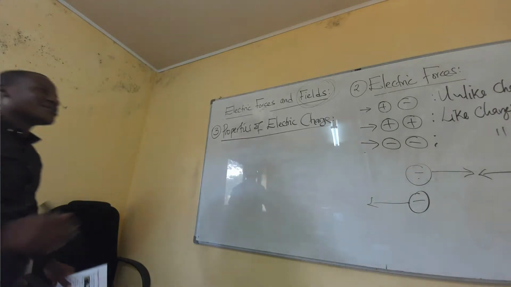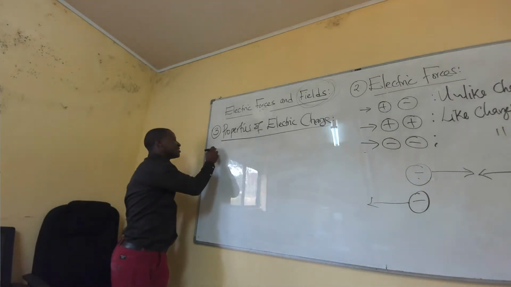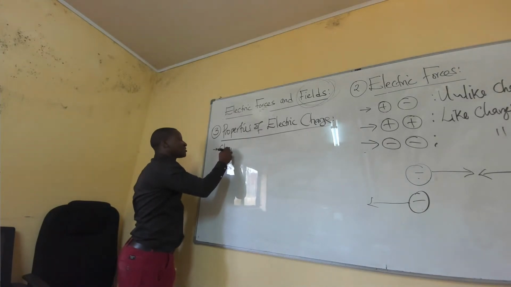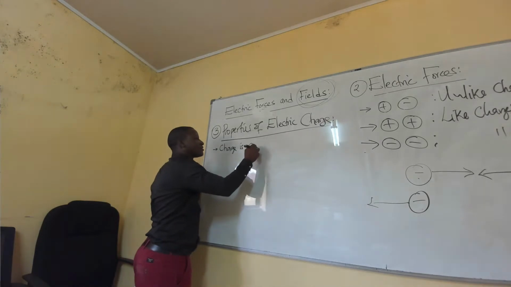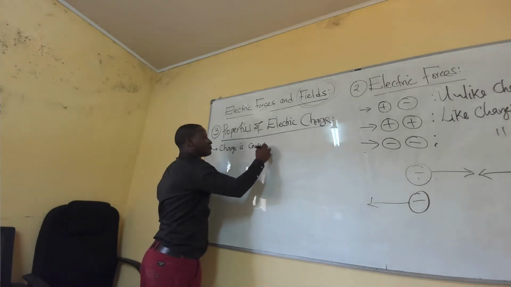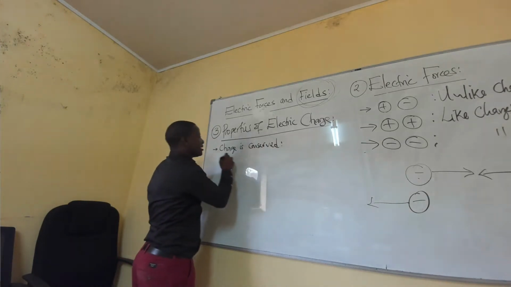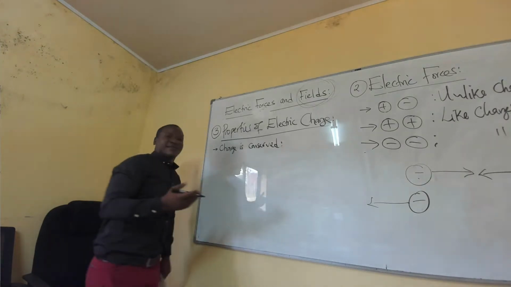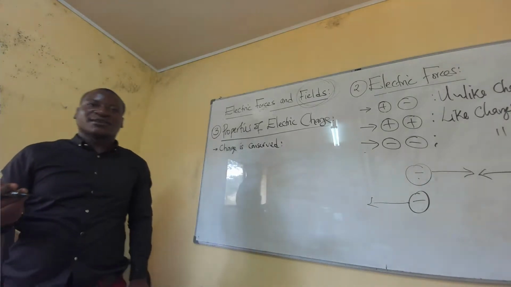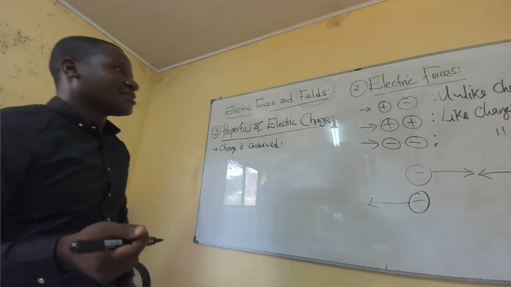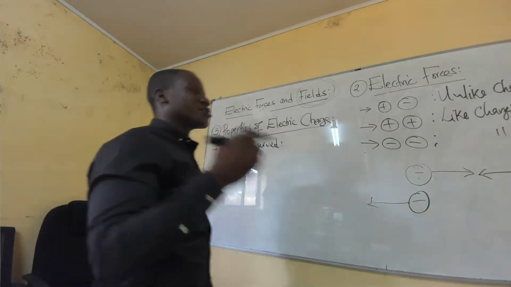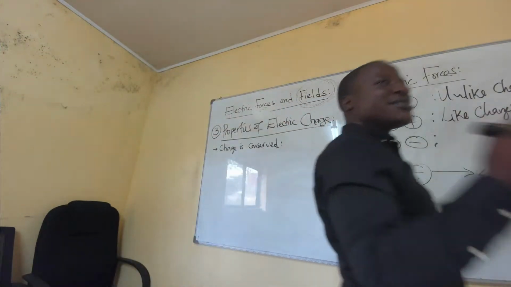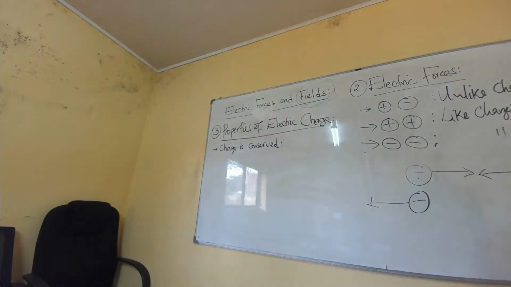In other words, the first thing we need to state here is that charge is conserved. Just like energy, you are saying energy is conserved. So you are saying energy can neither be created nor destroyed, but it can only be changed from one form to another.